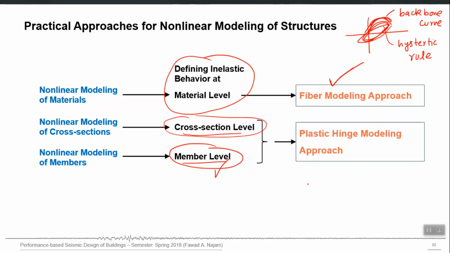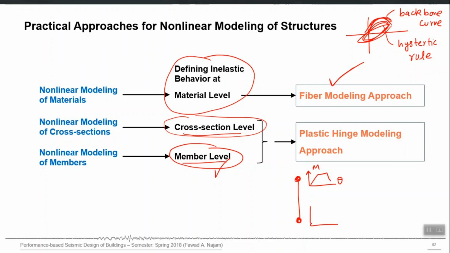So in the plastic hinge approach, where I will be giving two hinges at both ends of that column, the effect of cracking, yielding, crushing is implicitly accounted for in the form of the plastic hinge properties, and that property is directly at member level, which is moment versus rotation theta, nonlinear behavior.